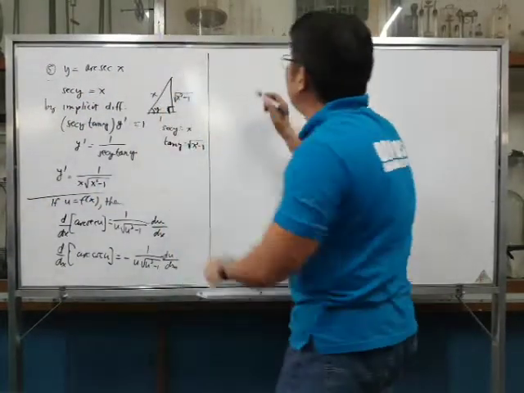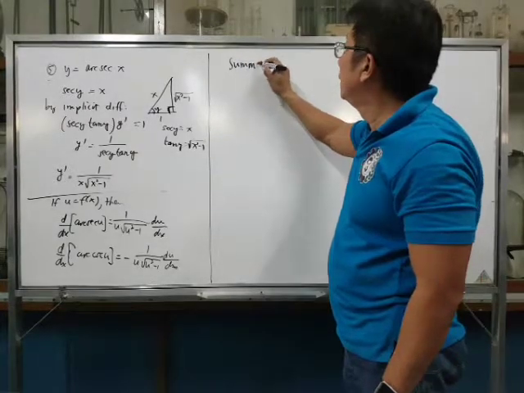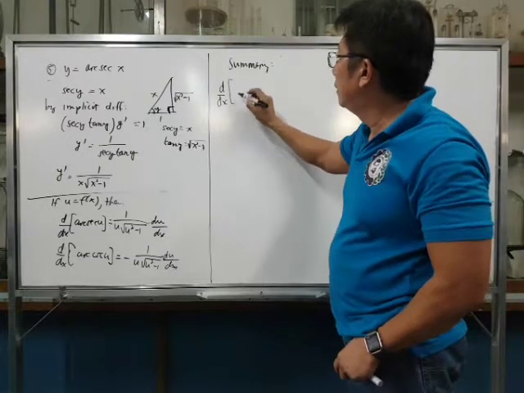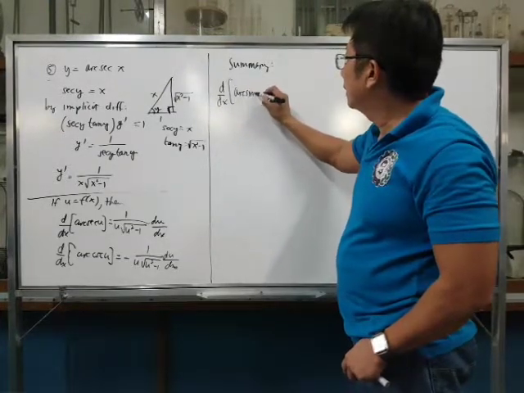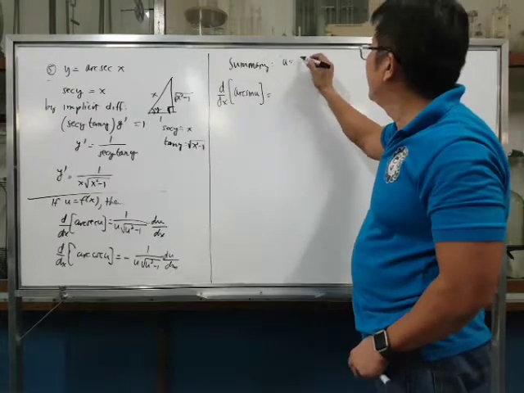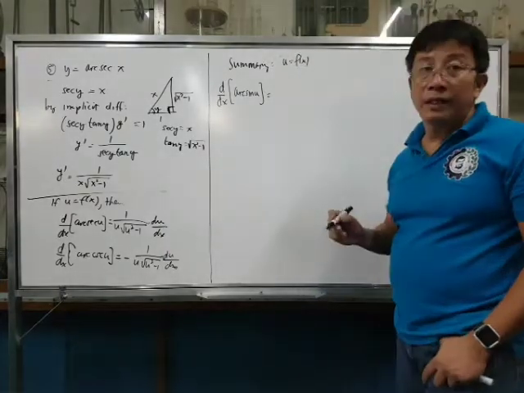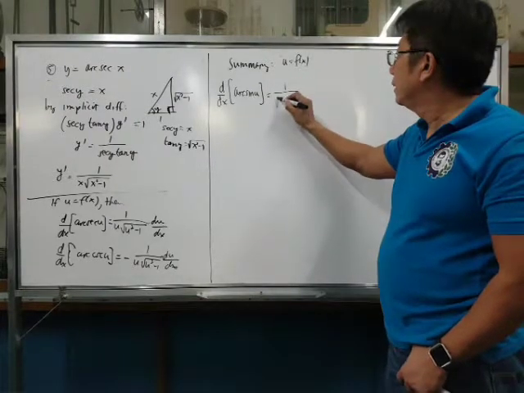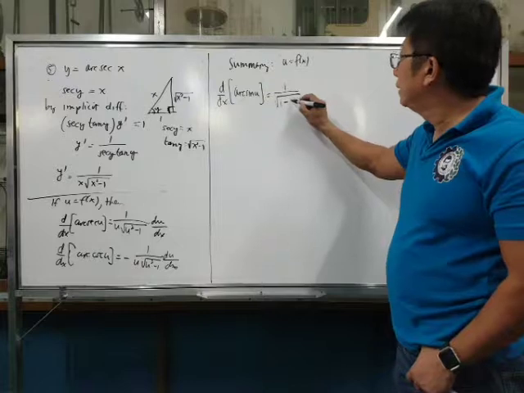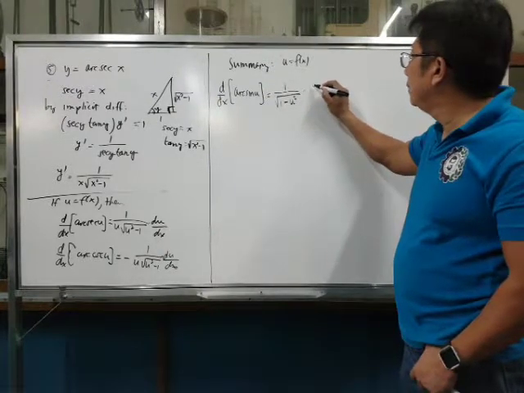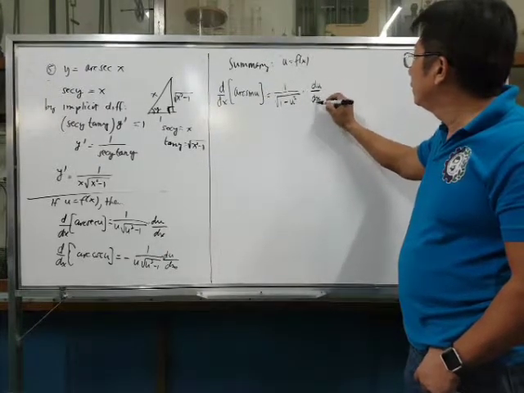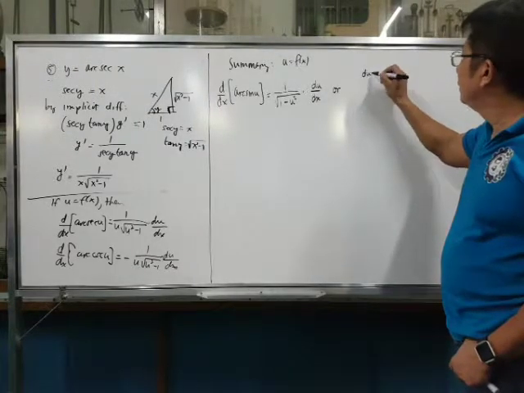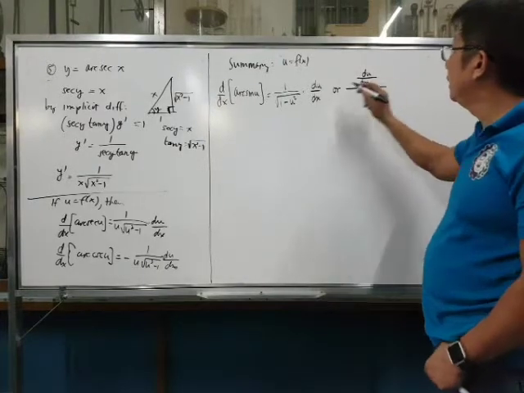Now, just to give you a brief summary. We have the derivative of arc sine u. We assume that u is a function of x. It is equal to 1 over square root of 1 minus u squared times the derivative of u with respect to x. Or you can place the derivative of u with respect to x in the numerator.